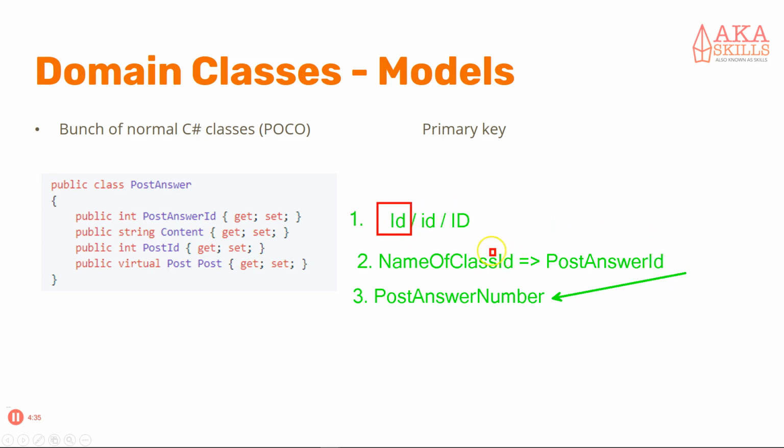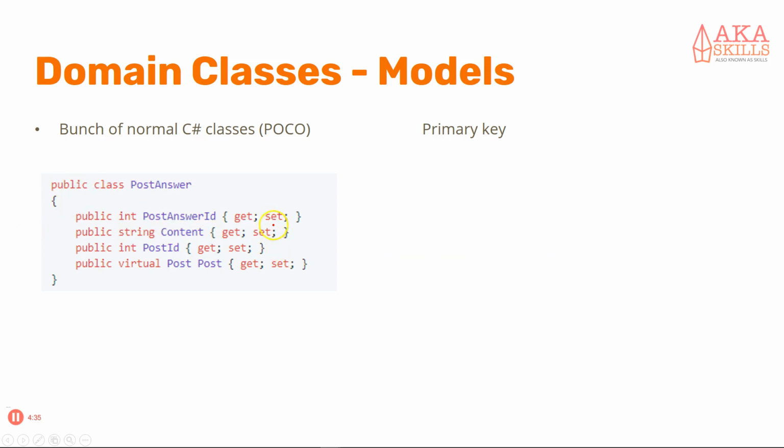So it won't know that this is my primary key. So what I'm doing is adding an attribute. And what's the name of that attribute? Key. So it doesn't matter how I'm going to name this, for example PostAnswerNumber. If I have the Key attribute on that, then Entity Framework will know that this is my primary key.